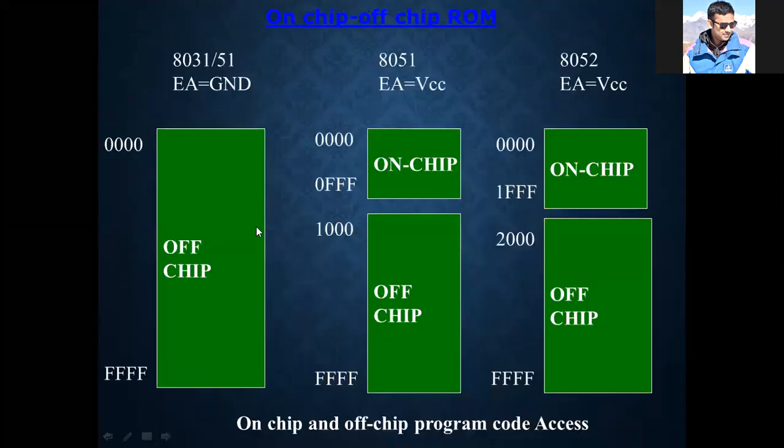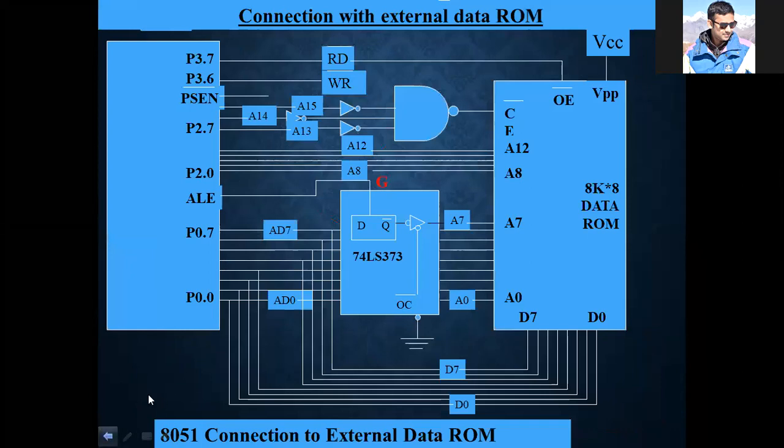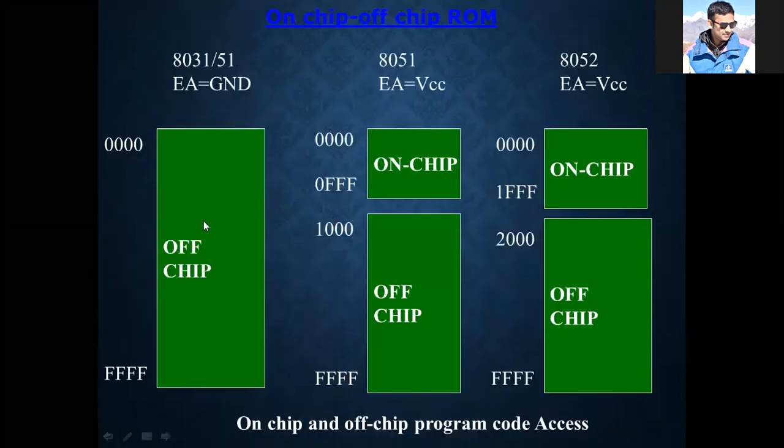So here also we have already told that in 8051, 8031 or 8751, if you can remember, this EA bar VPP is external access. External access means whenever an external ROM or external RAM is connected with the microcontroller, then EA must be grounded.